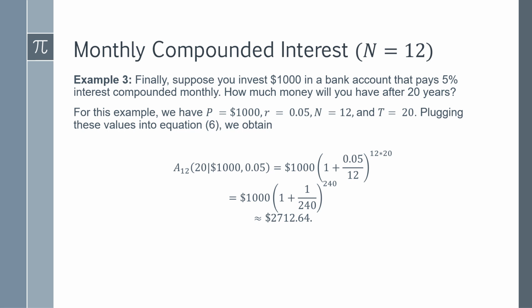Plugging these values into equation 6, we obtain A sub 12 of 20 is $1,000 times 1 plus 0.05 over 12 to the power 12 times 20, which is $1,000 times 1 plus 0.05 over 12 to the power 240, which works out to $2,712.64.